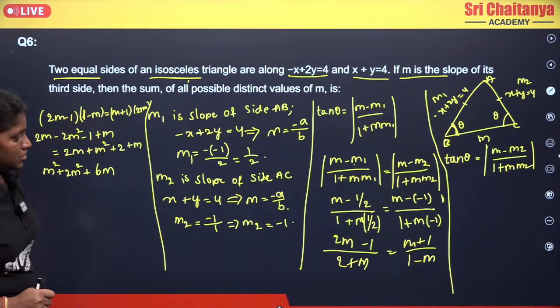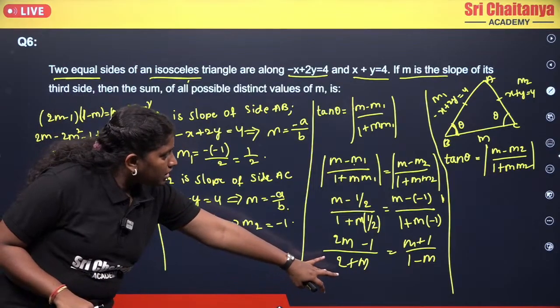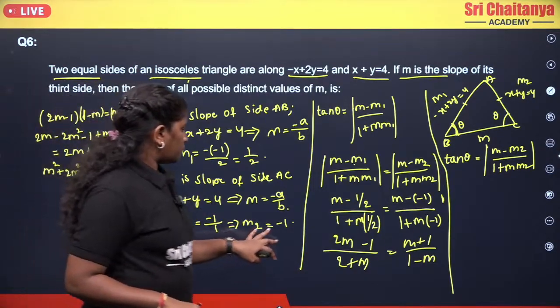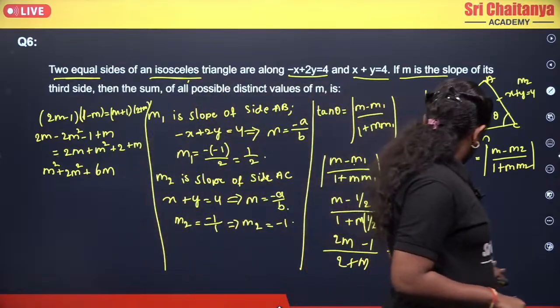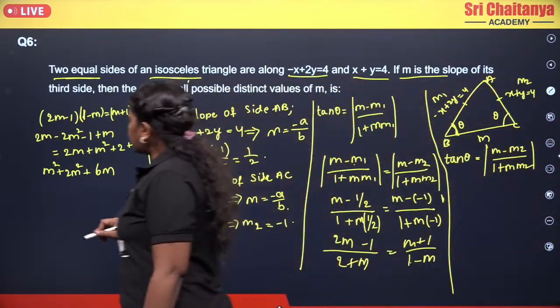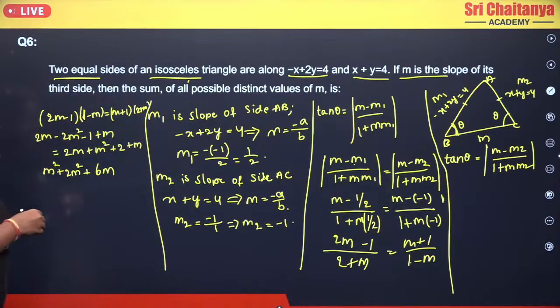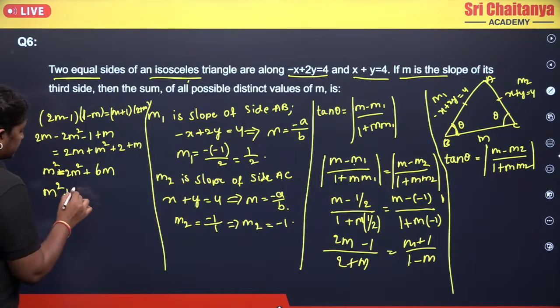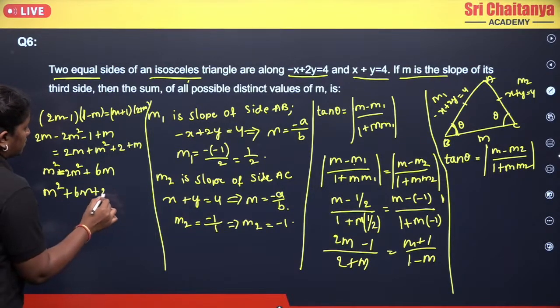Any sign change? After solving this, you will get the equation m square plus 6m plus 2 equals 0.